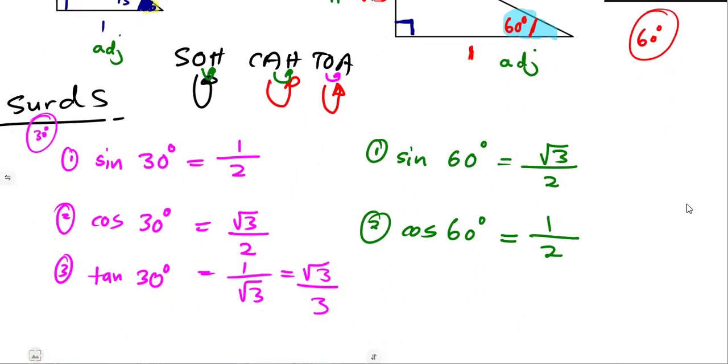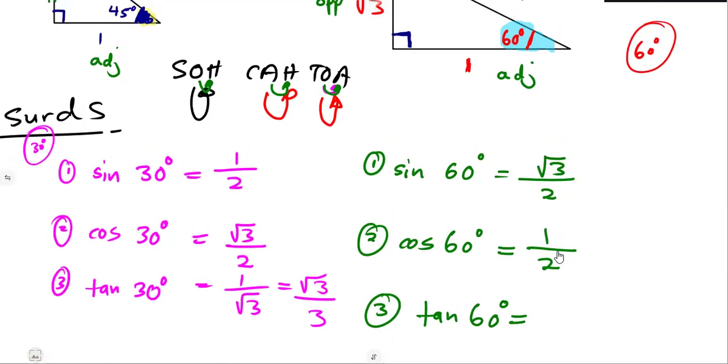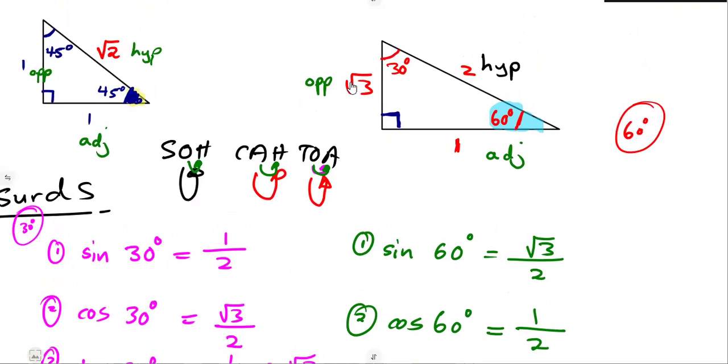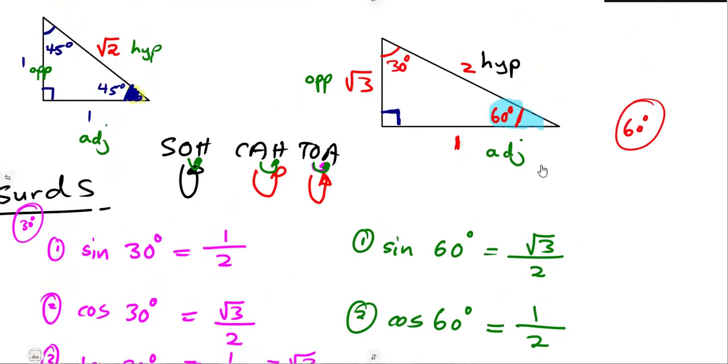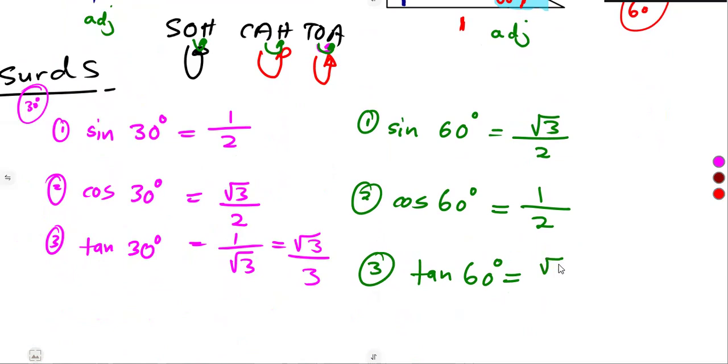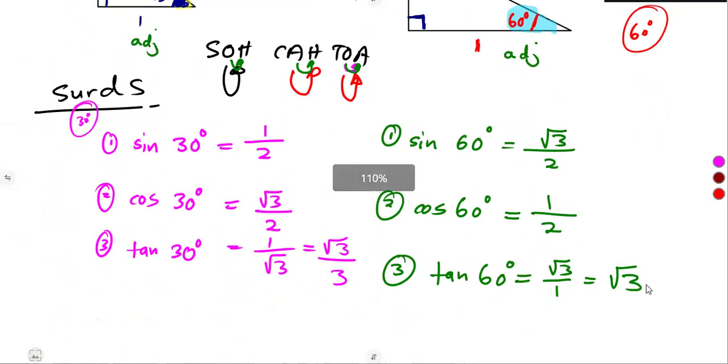Then the last one, which is the tan of 60 degrees. The tan is opposite over adjacent. Our opposite is square root of 3, adjacent is 1. So we are going to have square root of 3 over 1, which is square root of 3. So that is where our special angles are being taken from.